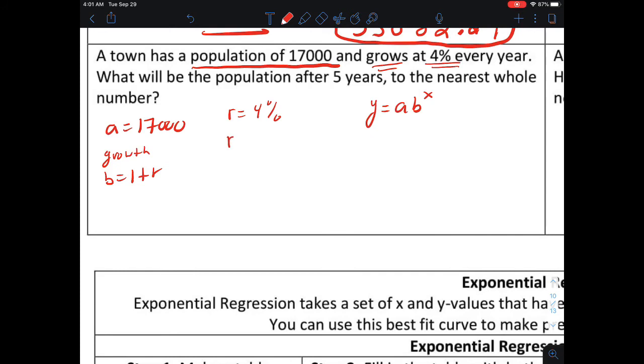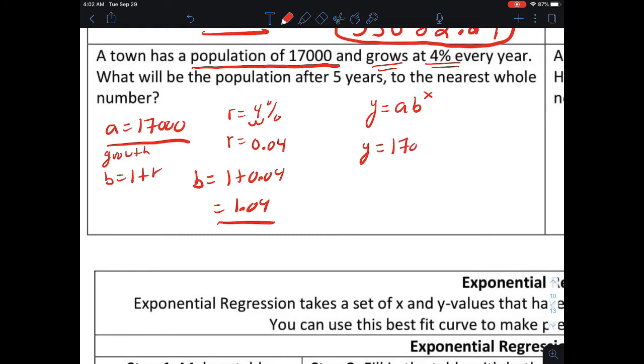I got to convert that into a decimal. So I move the decimal twice to the left. So that'd be 0.04. So B would equal 1 plus 0.04, or 1.04. So we plug all of this back into our equation. We put the 17,000 for A, and then we write times 1.04 for the B, and then we put x as its exponent.